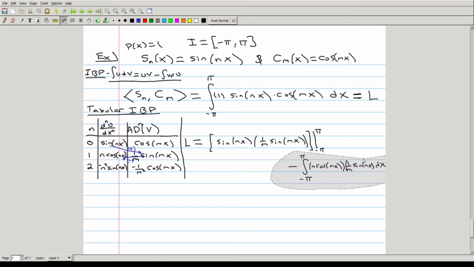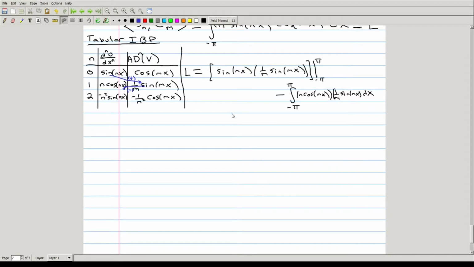And this is just kind of illustrating why one integration by parts isn't very helpful here. But we'll see then when we do two integration by parts.